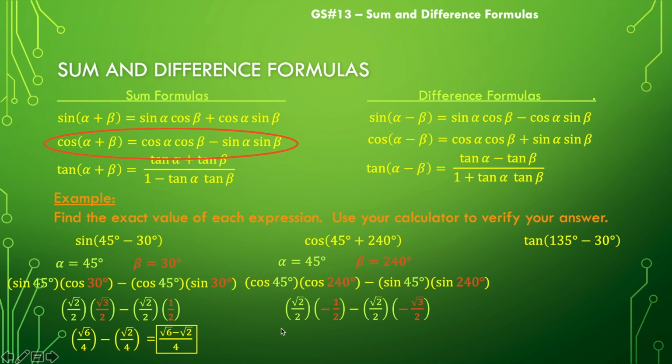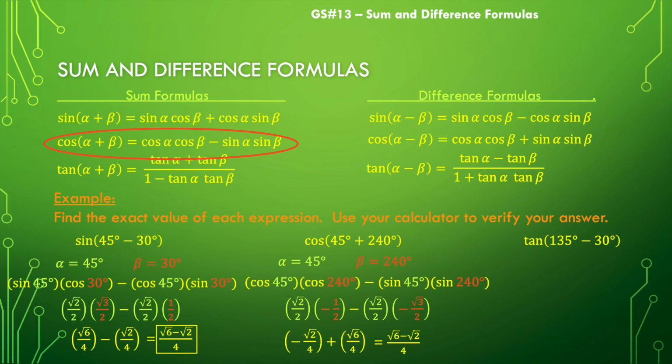So those first two here, we end up with negative root 2 over 4 minus negative root 6 over 4. Okay, but that minus a negative will end up being a positive. So we end up with negative root 2 over 4 plus root 6 over 4, which is the same as root 6 minus root 2 over 4.